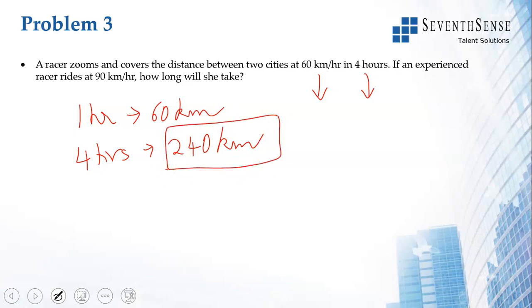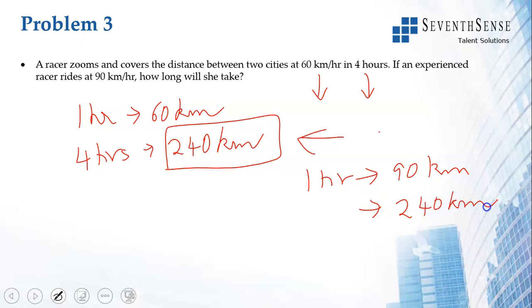Now this experienced racer comes in and is going to race at 90 kilometers per hour. So in 1 hour, the experienced racer covers 90 kilometers. In how many hours does he cover 240 kilometers?